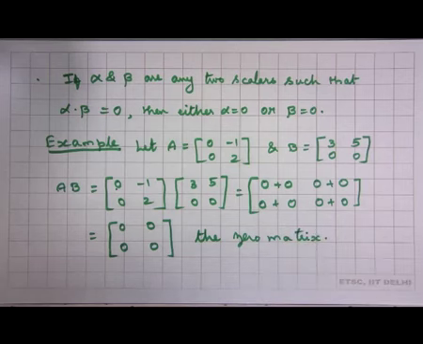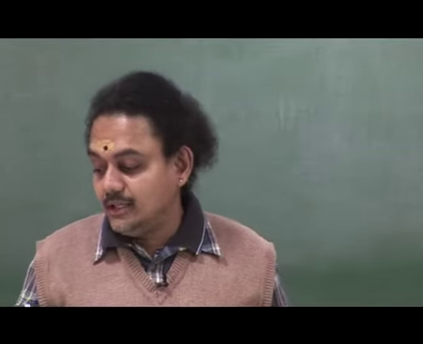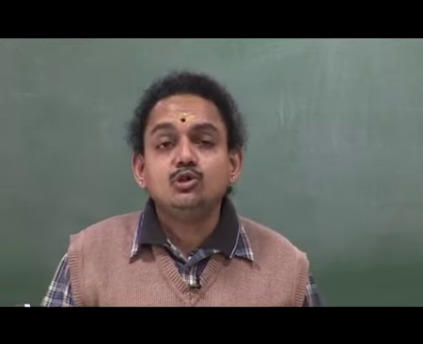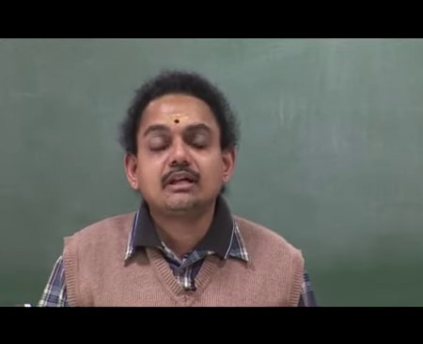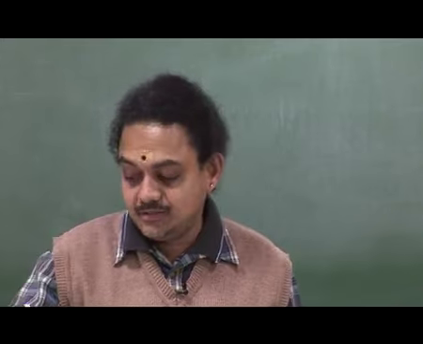So, matrices, although they look as if they behave like real numbers or complex numbers, have their own set of properties, that is they are highly non-commutative, and similarly even if you have two non-zero matrices, their product can lead to this 0 matrix.